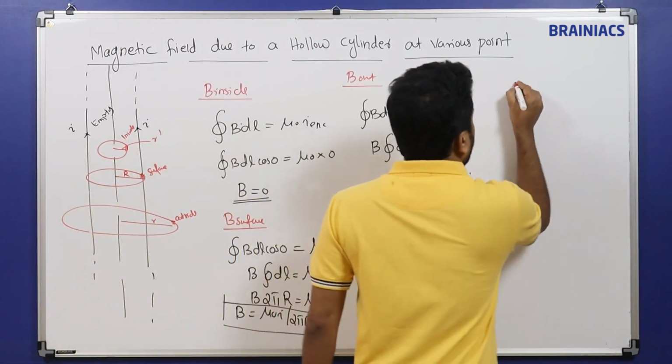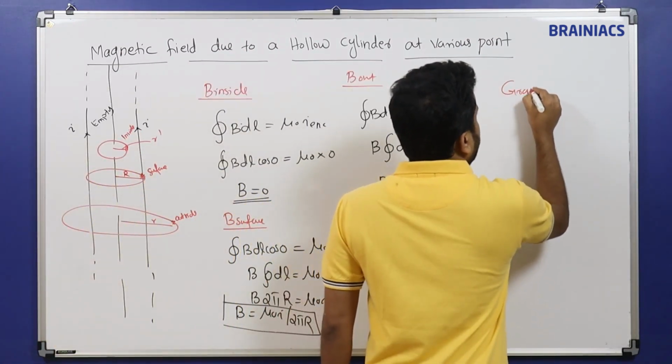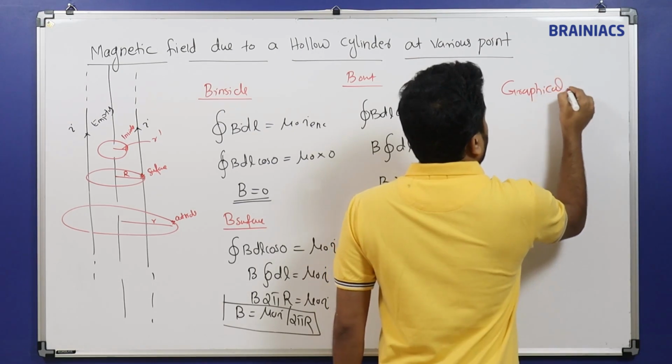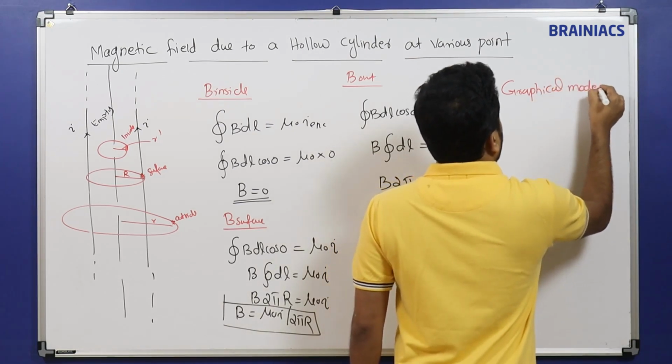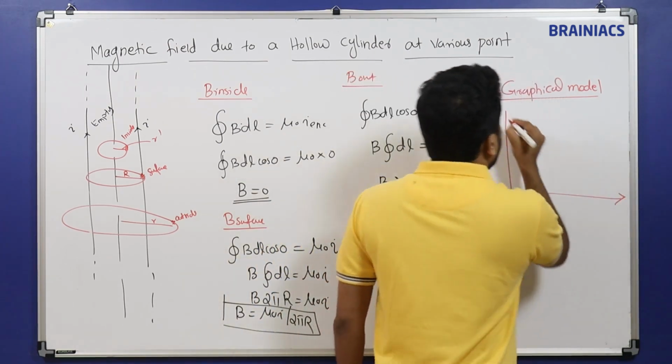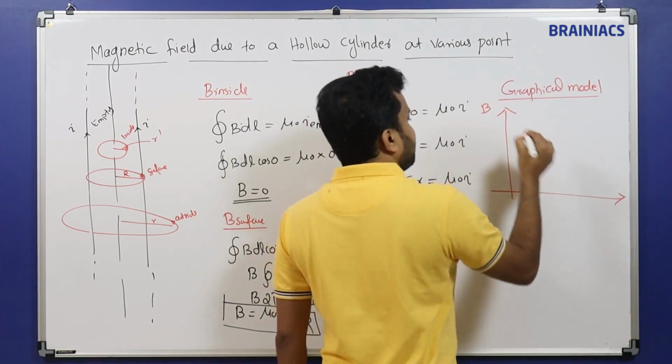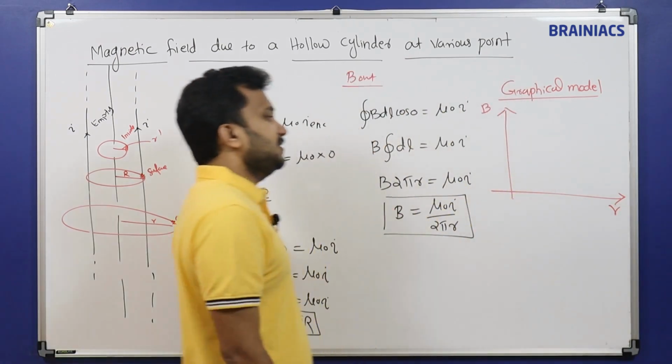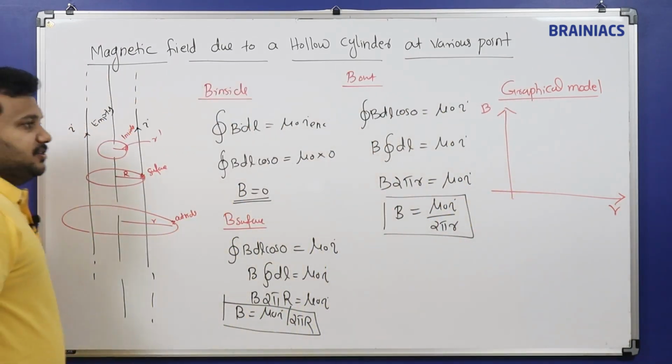Now we are going to see the graphical representation of this. You can write any heading, graphical model or graphical representation. On the graph we have the x-axis and y-axis. The y-axis is magnetic field, the x-axis is the distance. How many points do we have?